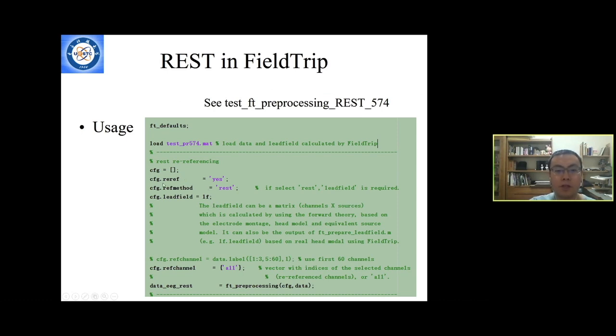You can set the parameters, like the reference method as REST, and input the lead field as the variable cfg.leadfield, and also you can set the reference channels, and the default is all, and use the FieldTrip function ft_preprocessing to reference your data to the REST reference.